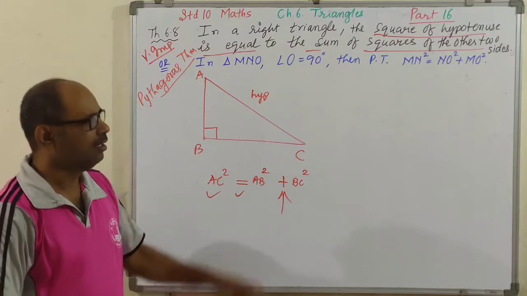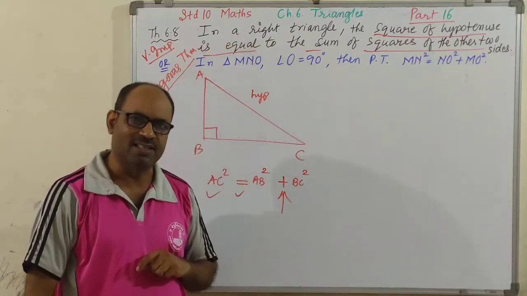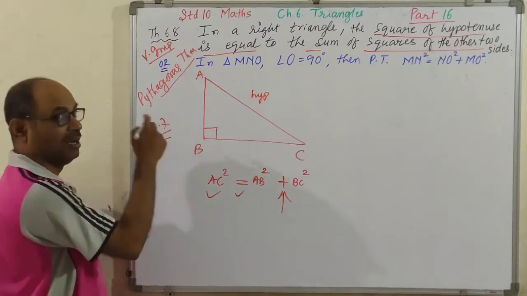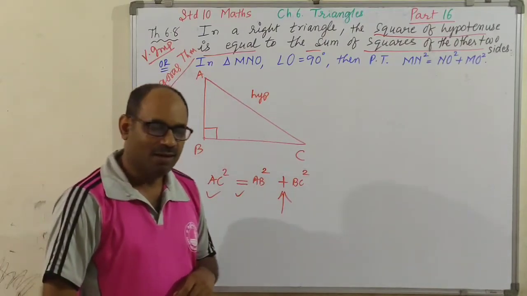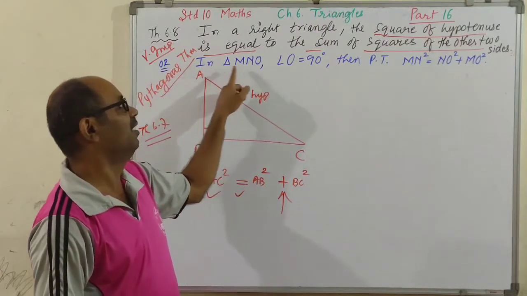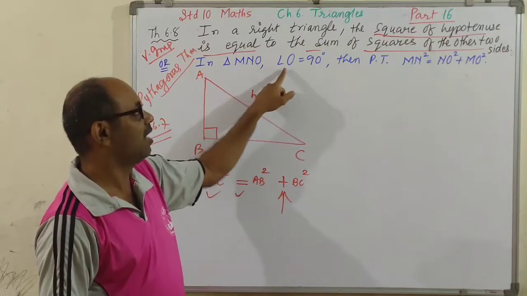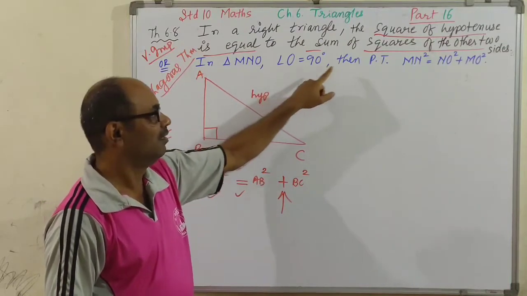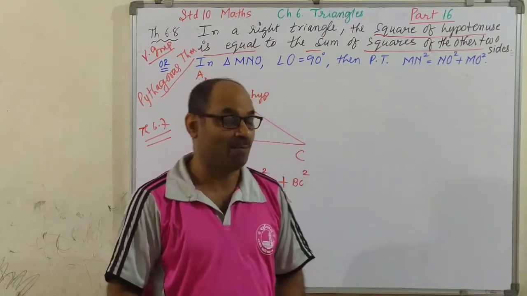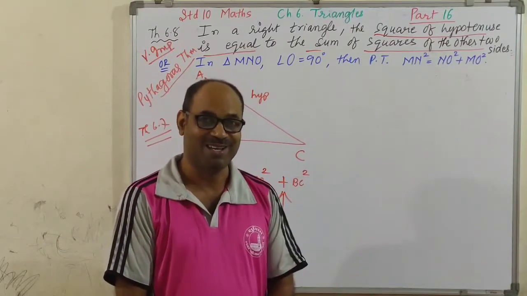Okay, children, this theorem is very easy. For that we will be using theorem 6.7, which we saw earlier. Okay, but let me tell you, I have written "or": In triangle MNO, angle O is right angle. Then prove that MN square is equal to NO square plus MO square.